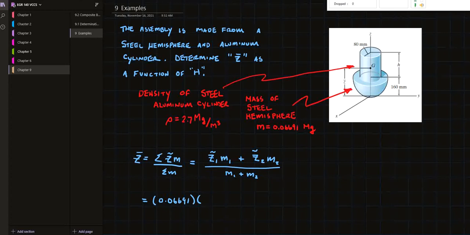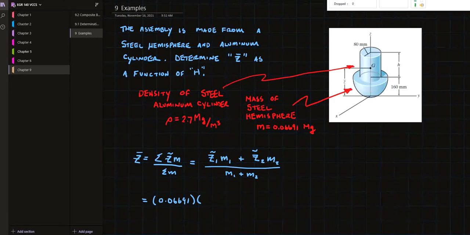And then the z bar to that, it's going to be somewhere down here, I think. If you look at a hemisphere, it's usually measured from the other direction. Usually, if you look in your book, it's usually measured from this direction.